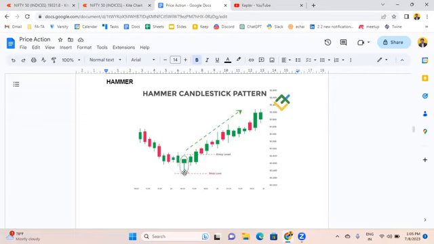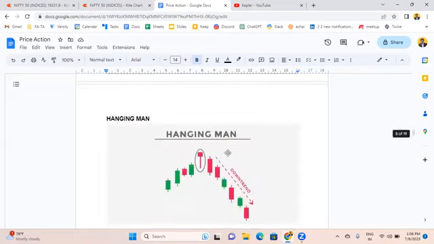So this is an indication that sellers tried to bring the prices till here, the wick. But buyers were so active. Buyers overpowered sellers in this specific candle that a hammer is created, and therefore there is a high chance the market will go up over here or the price will go up over here.